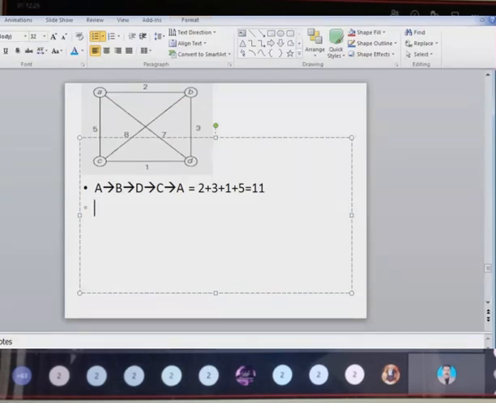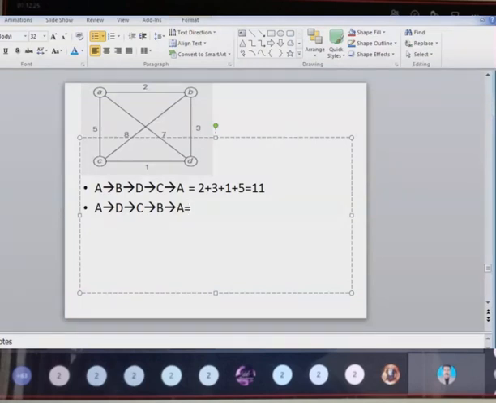Next, what is the next possible tour? A, next is D, next is C, then B, then A. What distance did he travel?